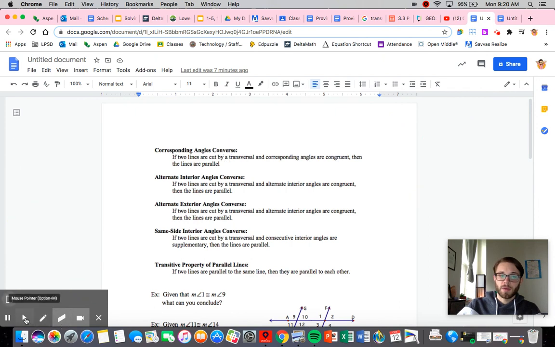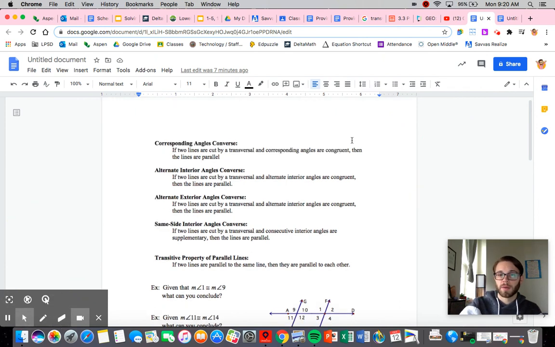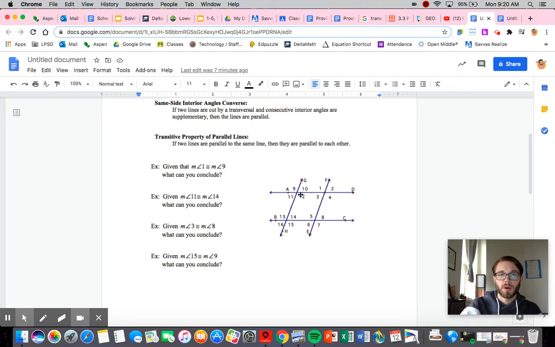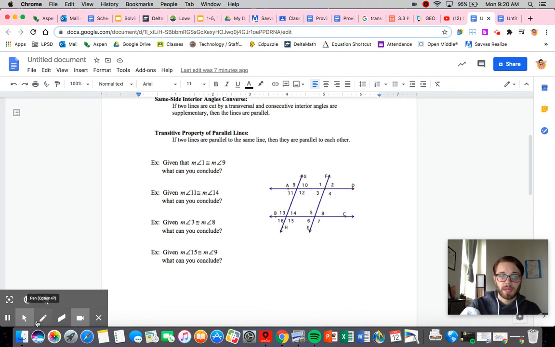So let's go through and figure out what the heck we can actually do with problems like this. So, for example, let's look at some different lines and angles on this one. So we're told that angle 1, right here, we are told that it is congruent to angle 9.